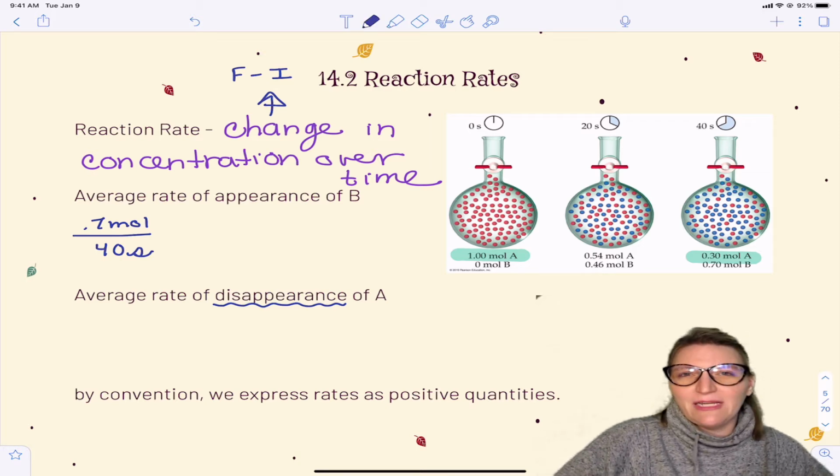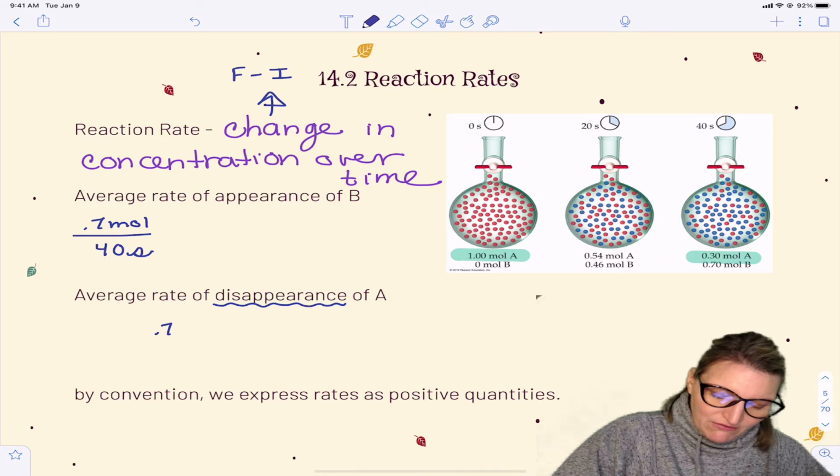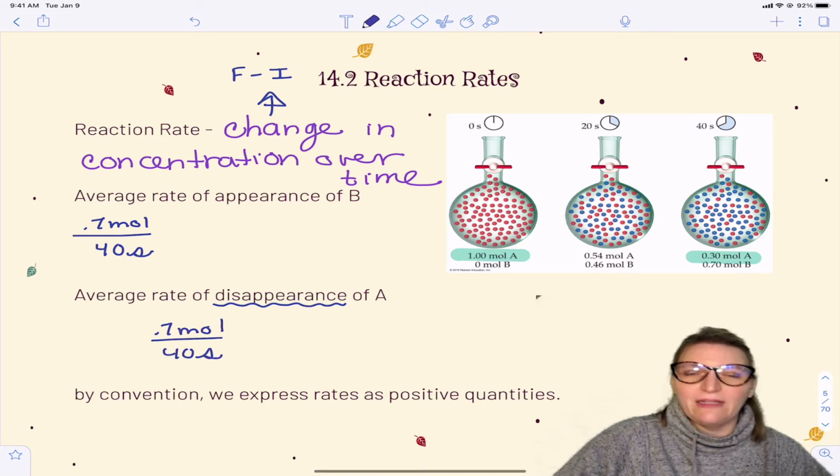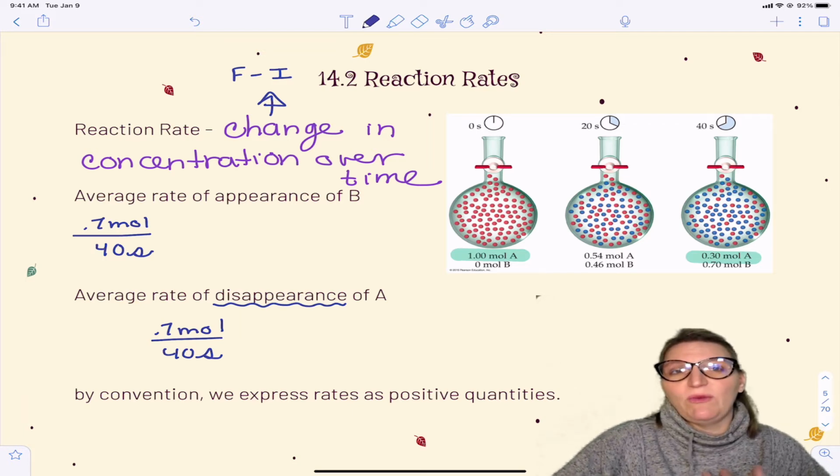The fact that it's saying disappearance is saying we don't need the negative. We know it's going down. So we would do the same thing: it changes by 0.7 mole over that same 40 seconds. I'm just showing you this to illustrate that by convention, by definition, we have decided as chemists that the change in the concentration or the rate of a reaction is going to be positive.